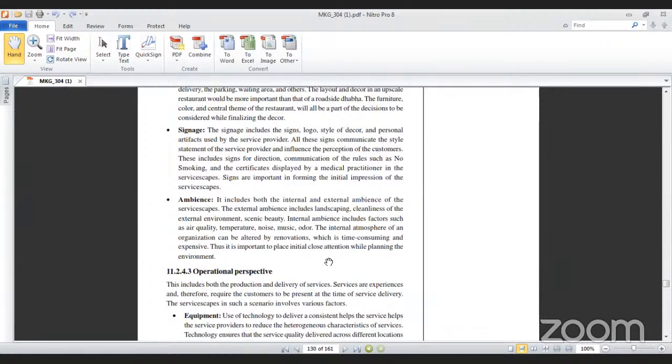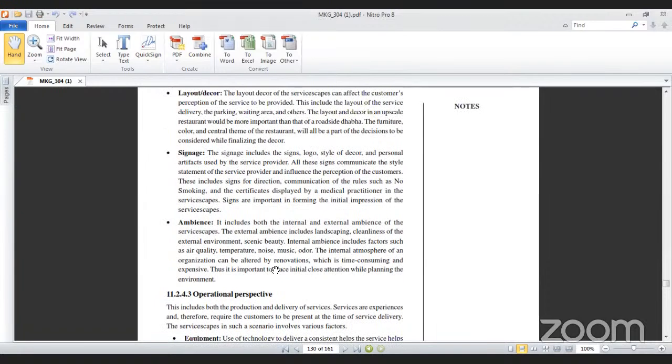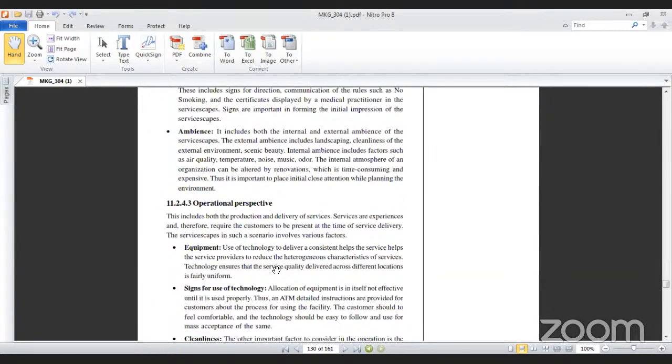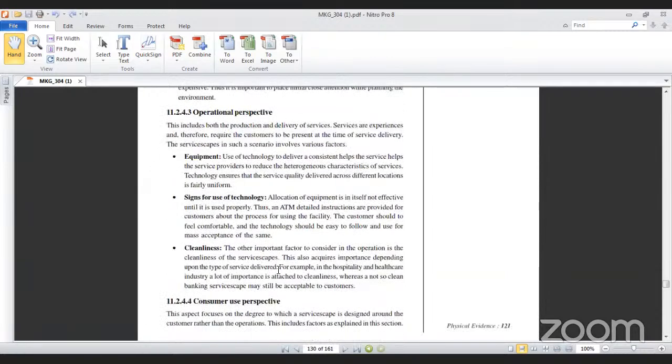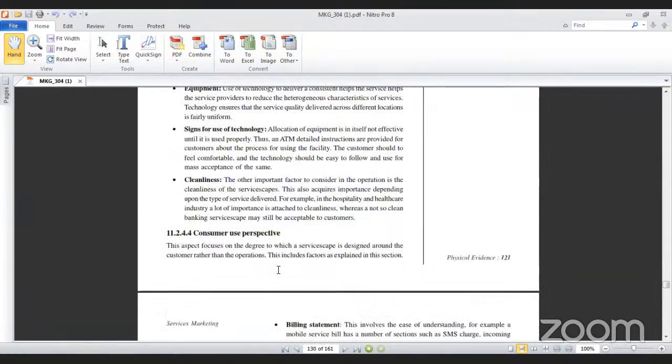The operational perspective includes both the production and delivery of service. Services are experiences and therefore require the customer to be present at the time of service delivery. The servicescape in such a scenario involves various factors: first, equipment, signs for use of technology, cleanliness.